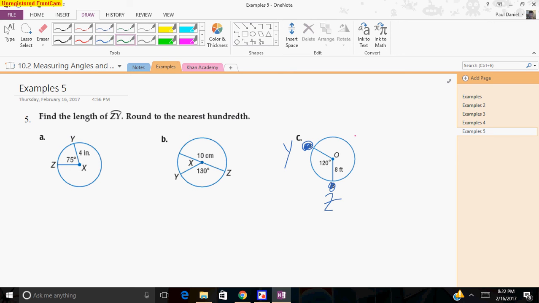Alright, so I'm looking right now at A. If I want to find the length of arc ZY, I know that's talking about the minor arc because they're only dealing with 2 letters.